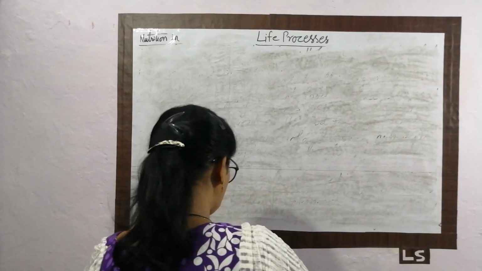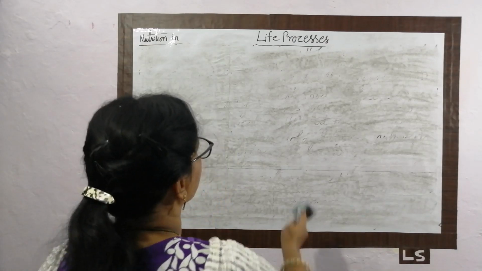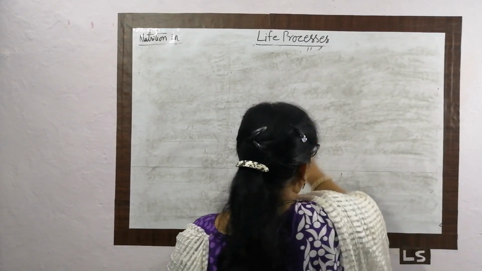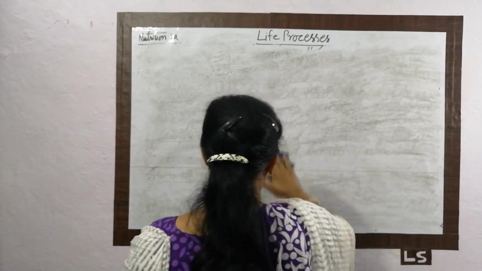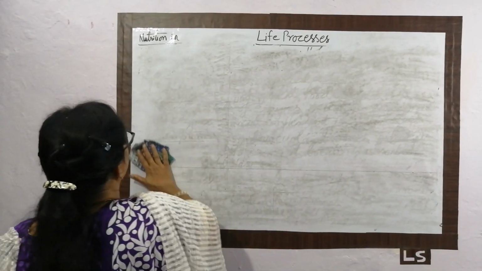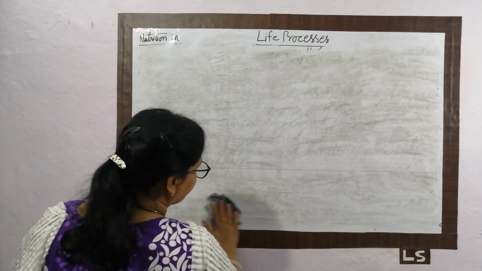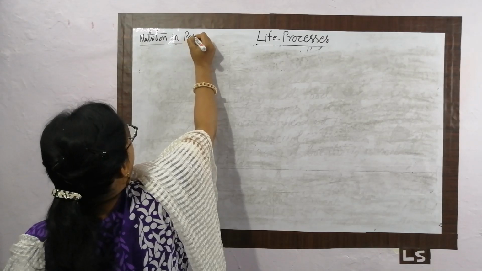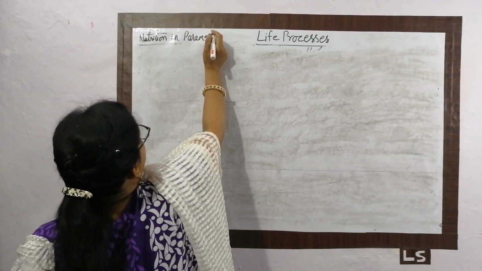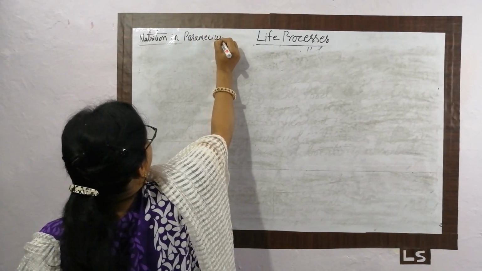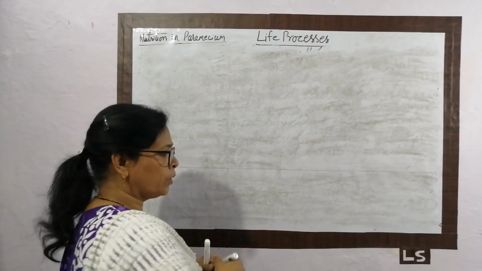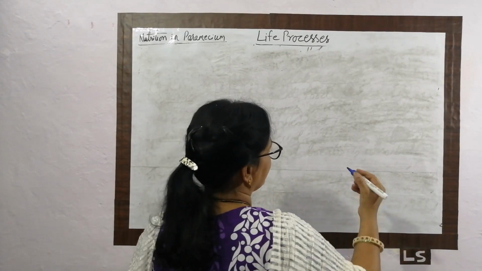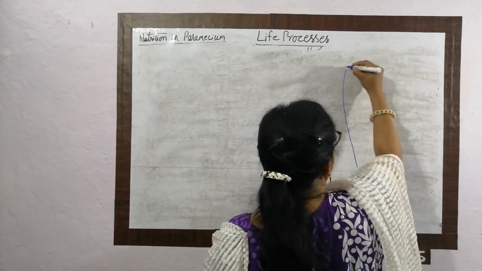Remind something that you have studied in 8th class about the Paramecium. If you remember, it is the nutrition in Paramecium. Okay, as I told you, Paramecium is a slipper-shaped organism. What is the shape of Paramecium? Something like this.